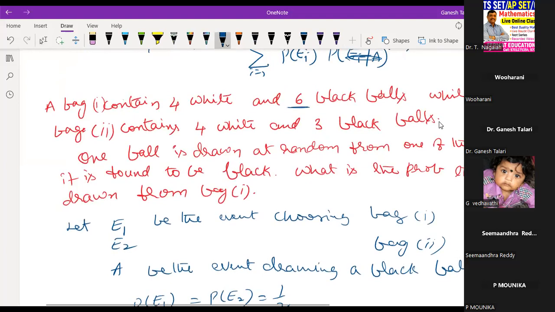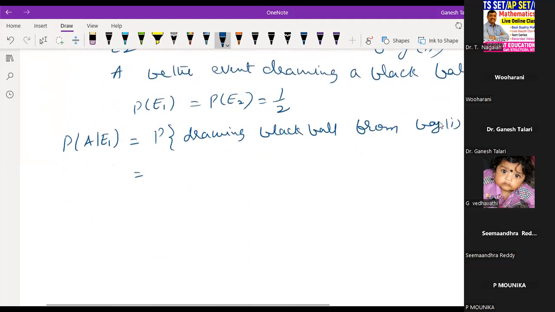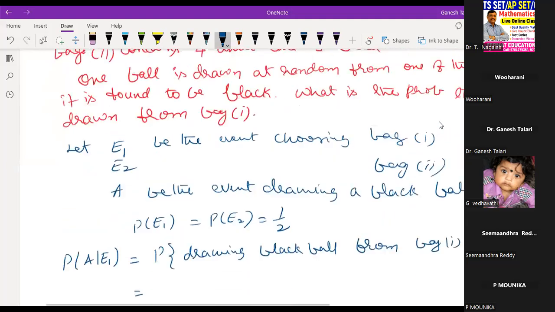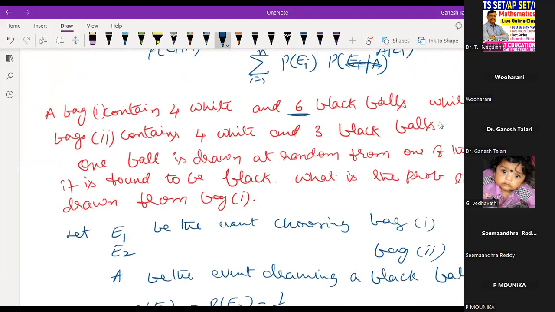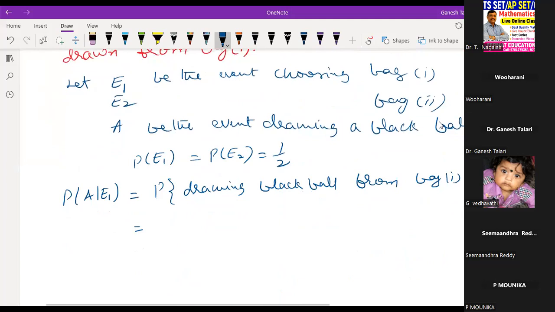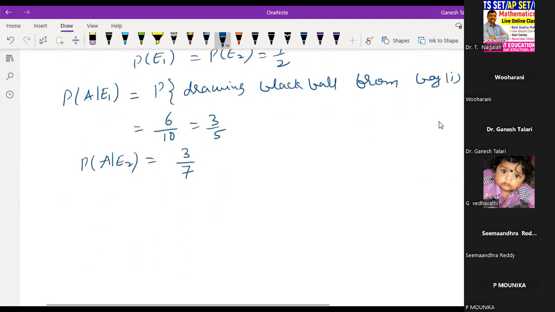There are 6 black balls out of how many balls in bag 1? 10 balls, 4 plus 6 is 10, and bag 2 has 4 plus 3, which is 7. So here 6 by 10, you can write it as 3 by 5. Then probability of A given E2 is 3 by 7, because there are 3 black balls and 4 white balls in bag 2.